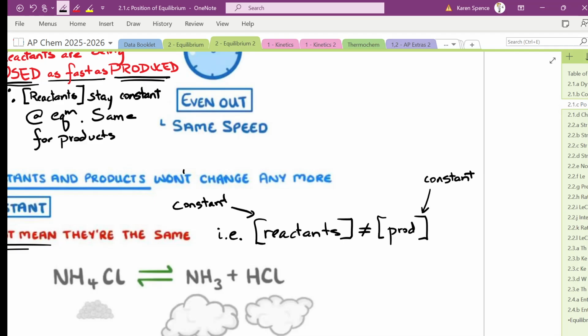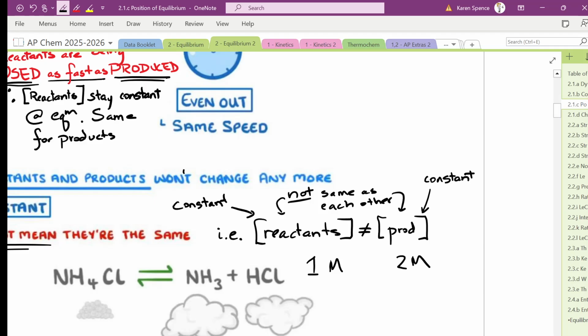The concentrations are all constant, but they are not the same as each other. This could be 1 molar and it would just stay as 1 molar. This could be 2 molar and it just stays as 2 molar. They might be different. It just depends on what the particular equilibrium is. Does that make more sense? Cool, cool.